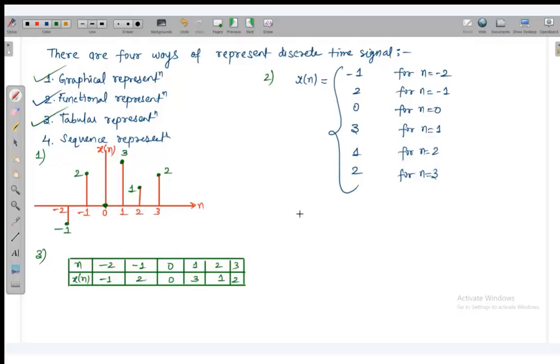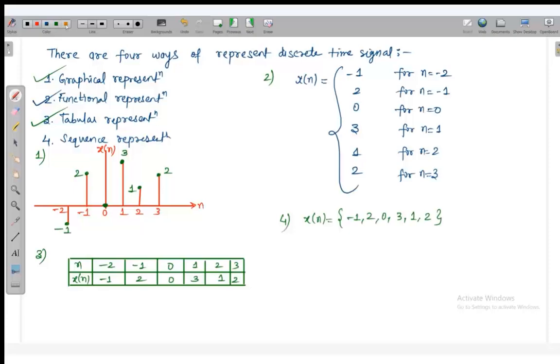Now the fourth is the sequence representation. In the sequence representation, we write in this way, that again you have to start from the negative side. So on the negative side it is -2, but in the sequence representation you write only the values of the signal, starting from -1. So it is -1, then 2, then 0, then 3, then 1, then 2. Now how will you identify which is n equal to 1, which is n equal to 2, or which is n equal to 0?